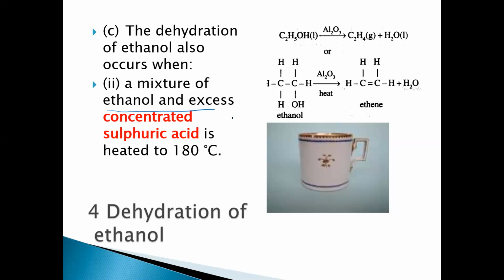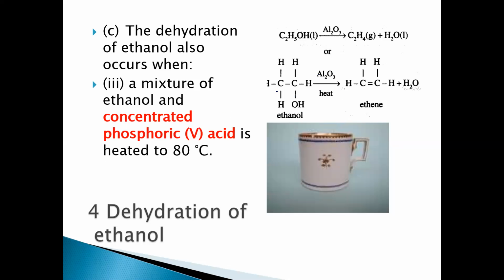I also can use concentrated sulfuric acid at 180 degrees Celsius. So let's say you don't have aluminium oxide, don't have porcelain chips, suddenly you see the words concentrated sulfuric acid at 180 degrees Celsius. Still the dehydration will happen. 3 catalysts already I gave you. Now this is the 4th catalyst: concentrated phosphoric acid at 80 degrees Celsius.